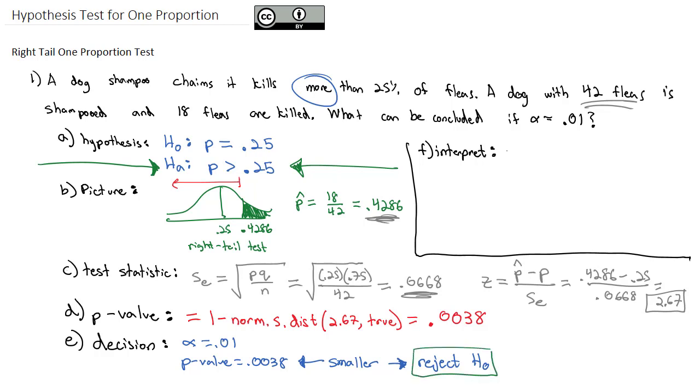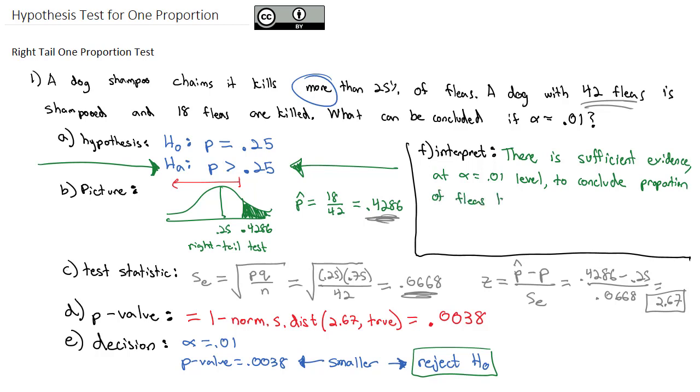So because we rejected, we were successful, we say there is sufficient evidence at the alpha equals 0.01 level to conclude that p is greater than 0.25, that the proportion of fleas killed by the shampoo is greater than 0.25.